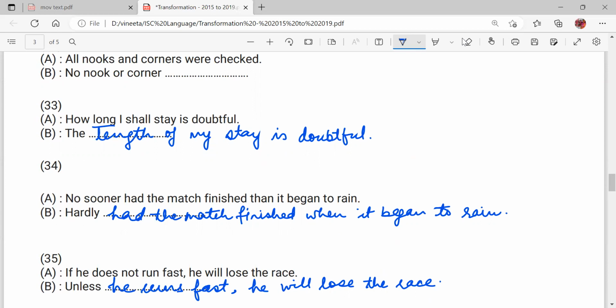And then not only but also and besides, as soon as, no sooner than, or hardly when. Okay, so these are very common sentences and you will definitely get them. Direct into indirect. So please revise the rules of direct and indirect speech once. Revise the rules of active and passive once. And I think these types of sentences, if you do, they'll be more than sufficient for you for your exam.